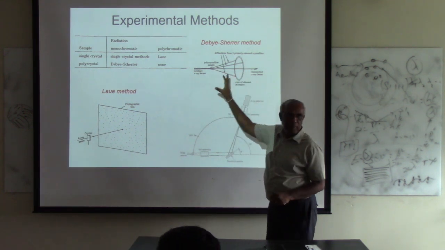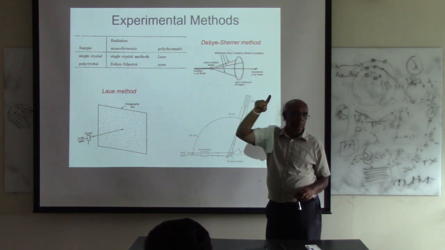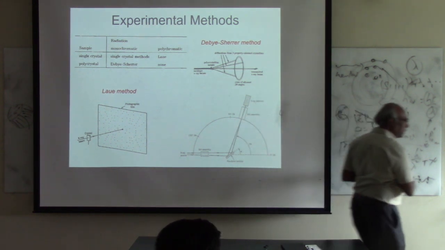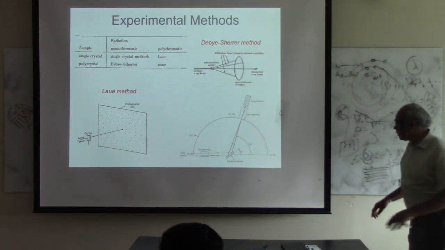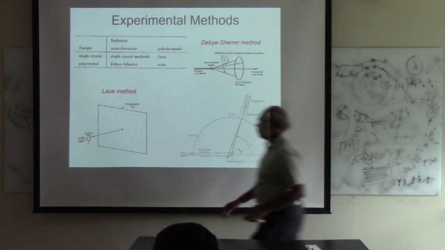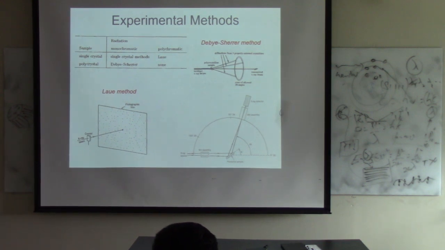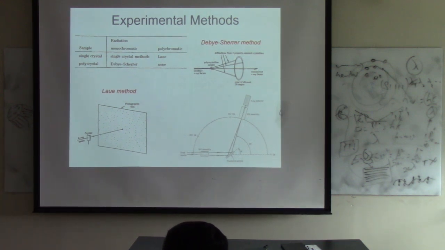If you have polycrystal samples, what you are seeing is rings. If you have a single crystal, basically you are seeing some kind of spots.